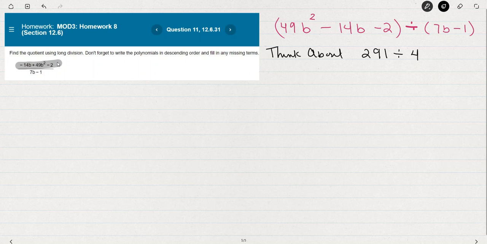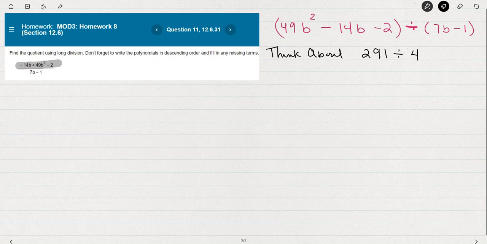Descending order means I'm going to put them so that the highest exponented variable, the b squared, comes first, and then the linear term, the b, and then the constant term, the minus 2.